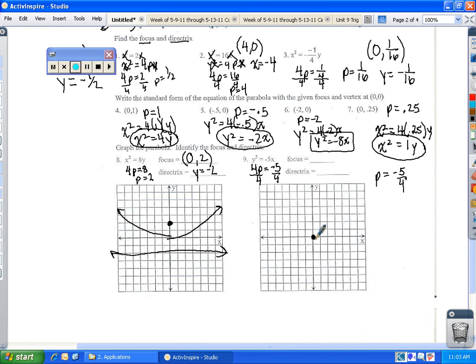Since it's going to go left like this, I know that my focus point is going to be here, and my directrix is going to be here. So that is the point (-5/4, 0). My directrix is an x equals equation since it's a vertical line, and x equals +5/4, the opposite of negative.